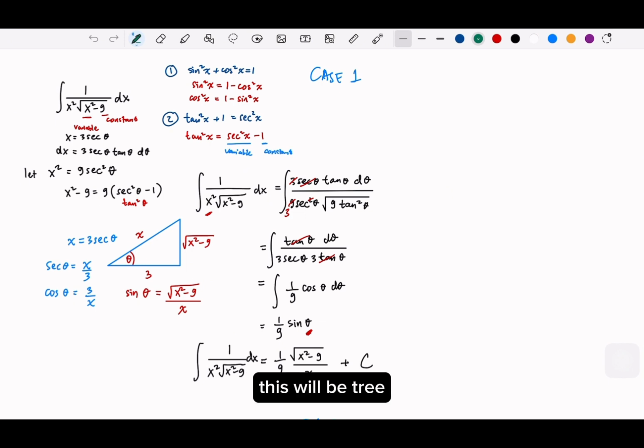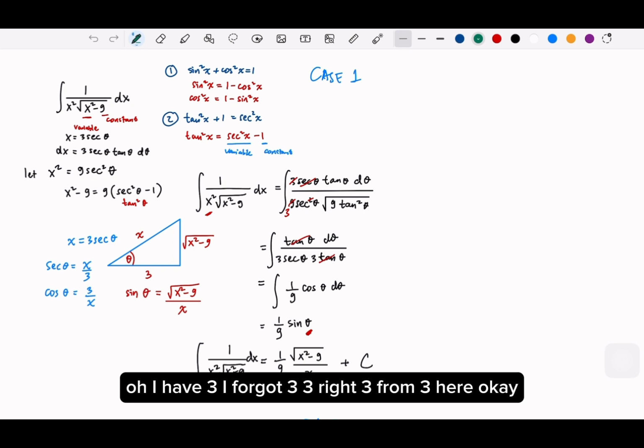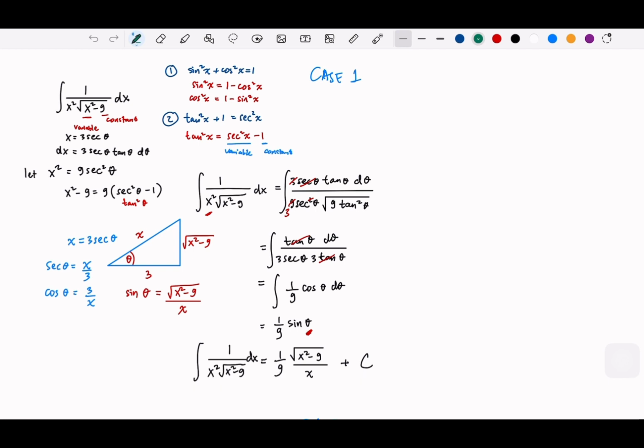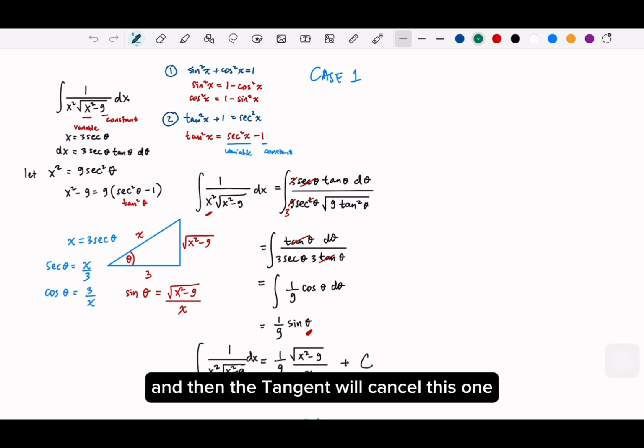Oh, I forgot the 3. It's 3 from the 3 here. And then the tangent will cancel this one.